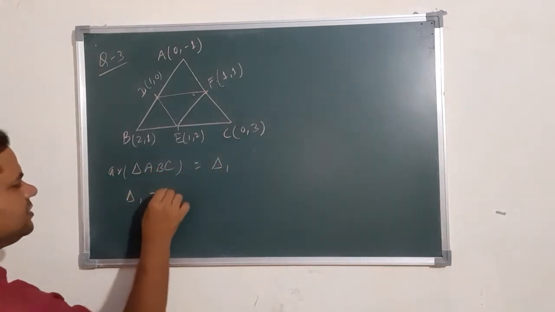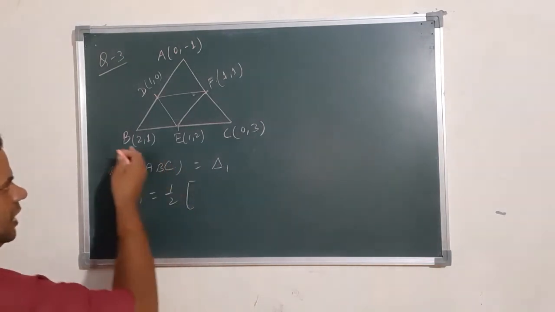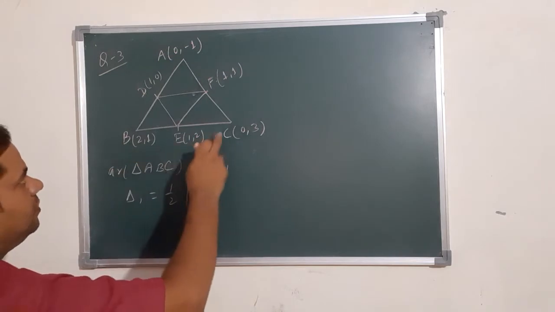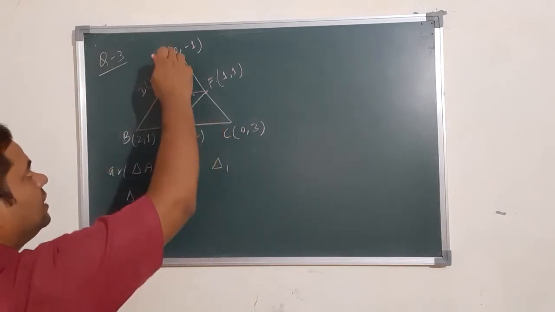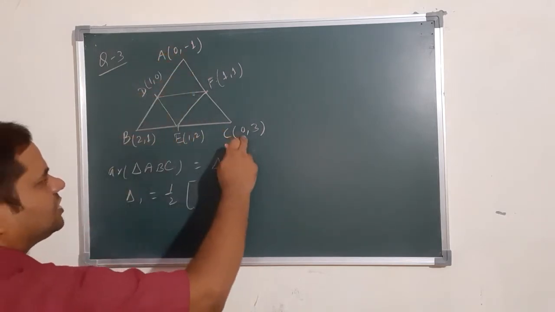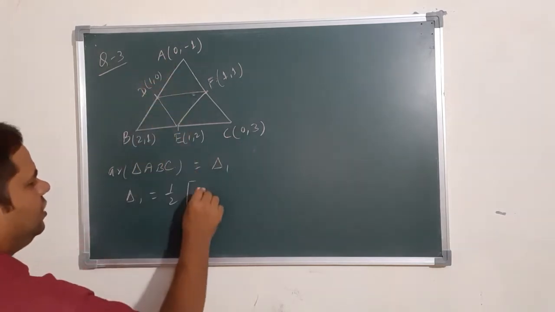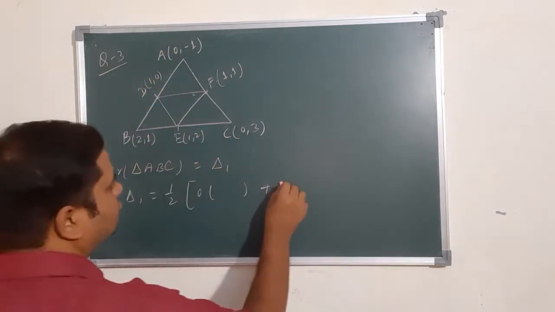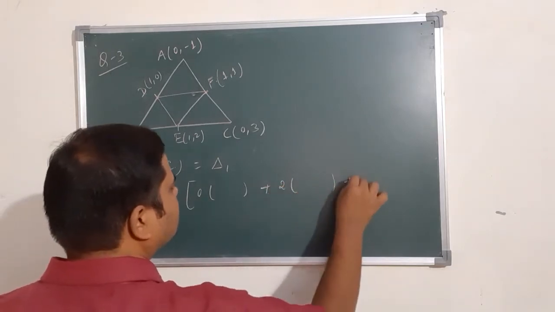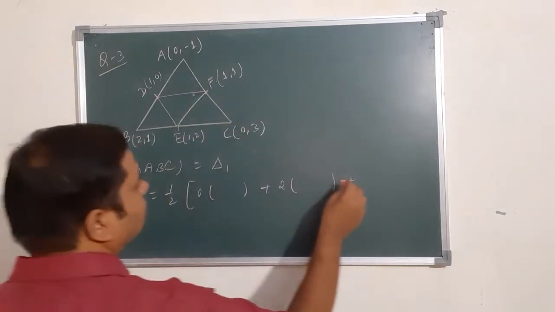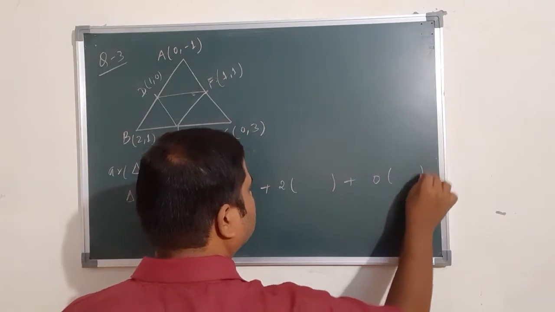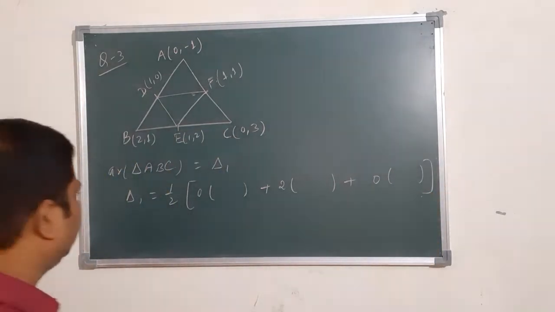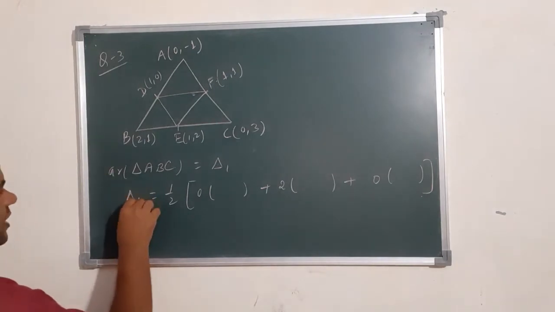Then delta 1 is nothing but 1 by 2. Directly we can write here x1, x2, x3 for A, B, C. So x1 is 0, x2 is 2 and x3 is 0. In this manner we can find the area of triangle ABC, that means delta 1.